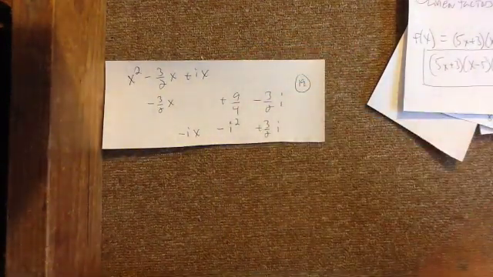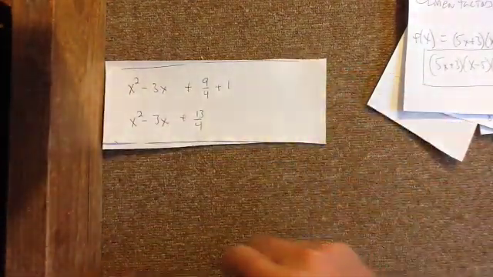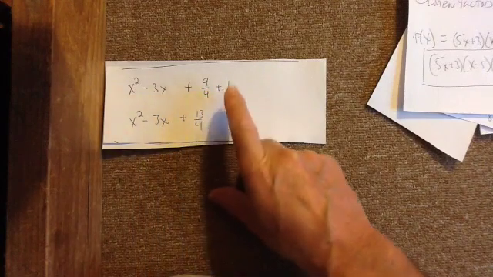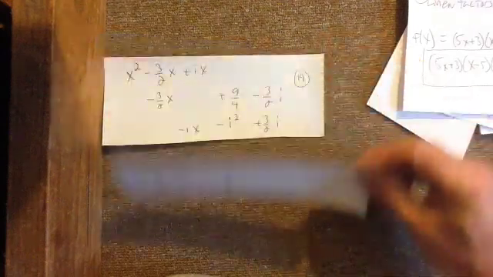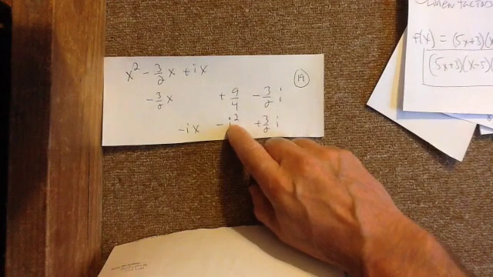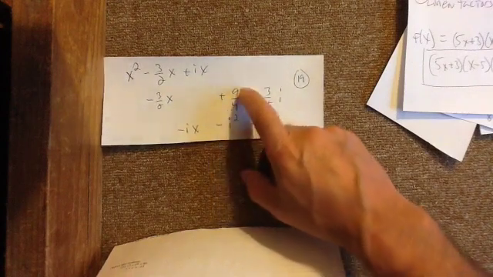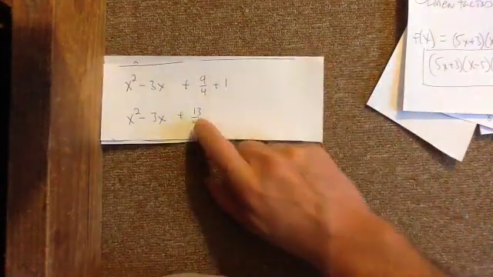And then if I add those up, I'm going to get x squared minus 3x plus 9 over 4. And then the negative i squared, remember i squared is negative 1, and negative 1 is positive 1, so 9 fourths plus 4 fourths is going to be 13 over 4.